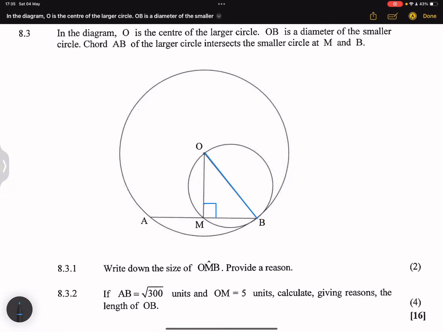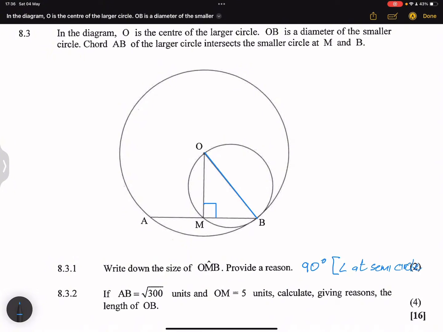They say that chord AB of the larger circle intersects the smaller circle at M and B, and they say write down the size of OMB, giving reasons. So we've just stated that. The size is 90 degrees, and we said this is an angle at semicircle.